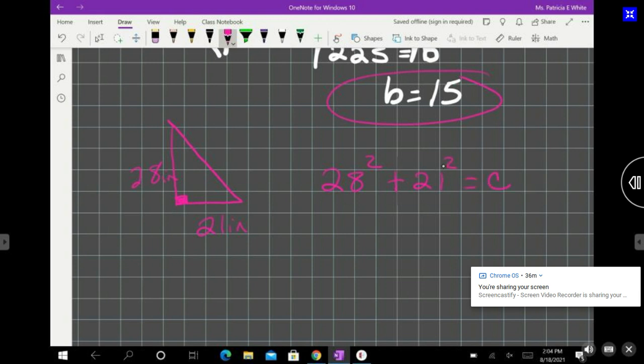28 squared. What do I get for 28 times 28? 784. Everybody better be agreeing with him so we don't get the wrong answer. Plus 441 equals C squared.